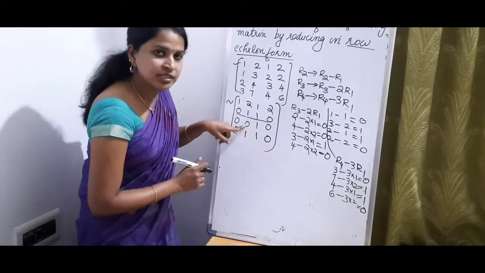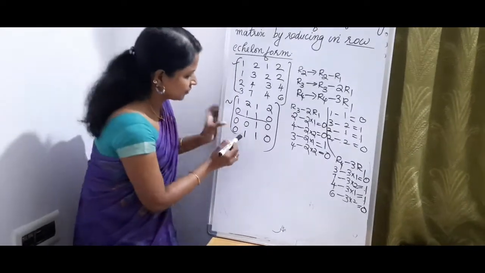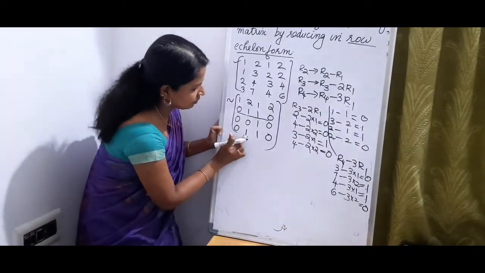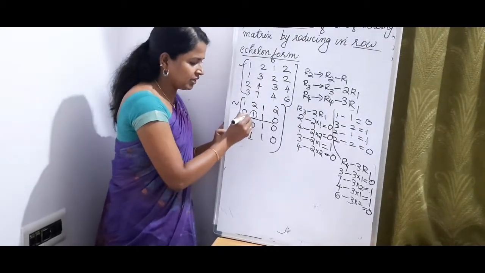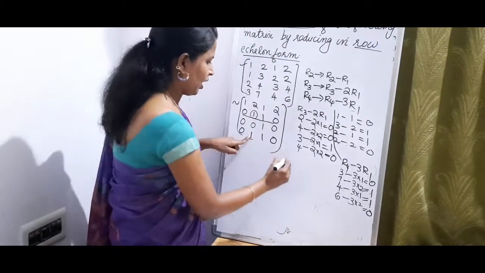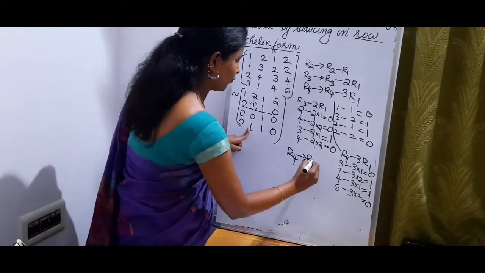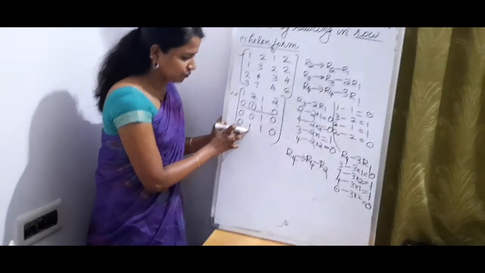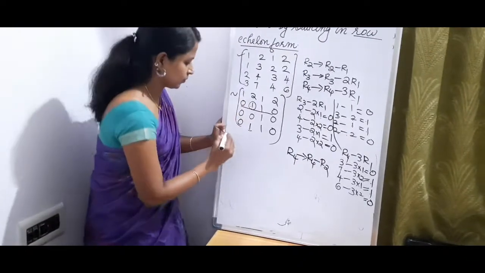Here this place has to be 0. That is, this 1 minus this 1, the diagonal one, we get 0 here. So the next transformation is R4 gives R4 minus R2.